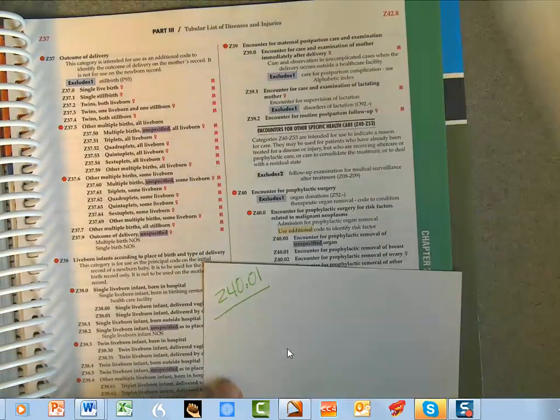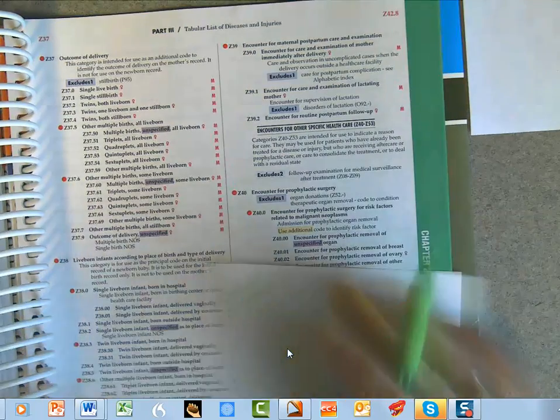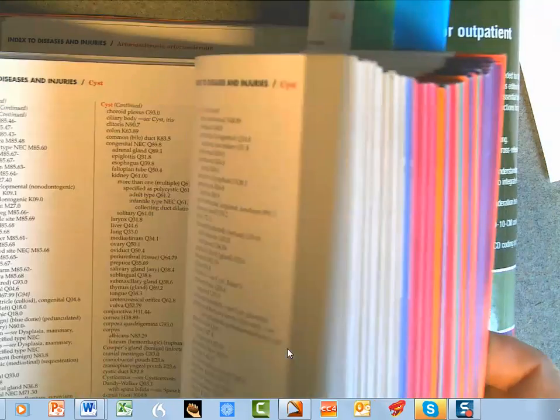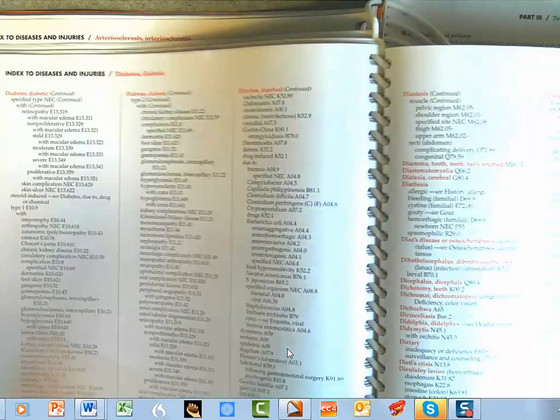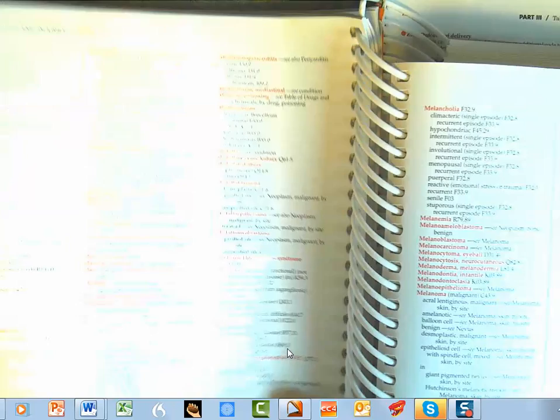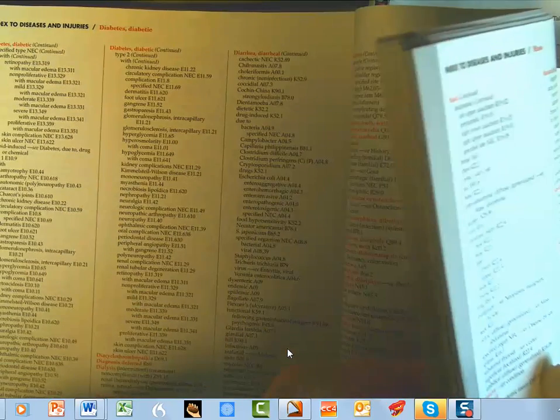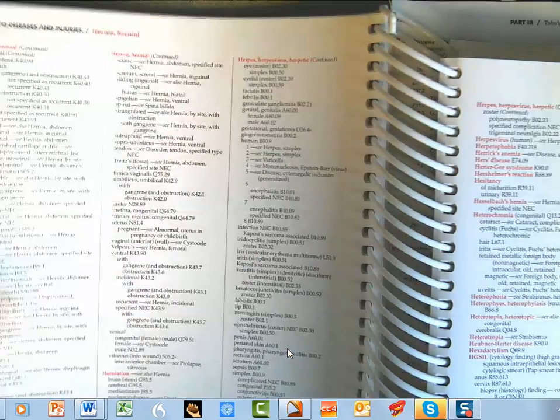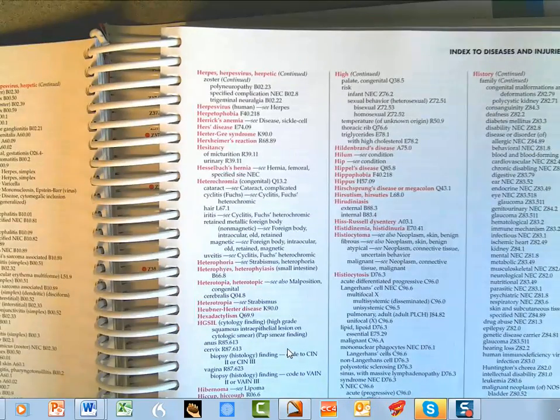So let's go back to our index, and we're going to go to our main term, which is what? History. Good. All right, so let's go to history. Now, when you get to history, you need to be careful because history is divided into two parts.